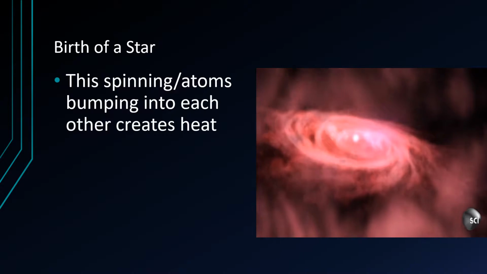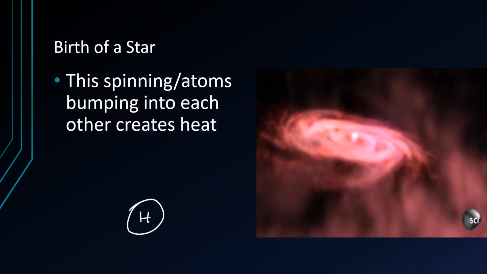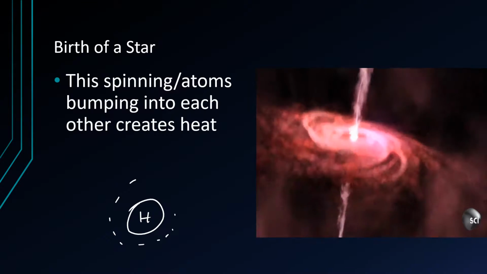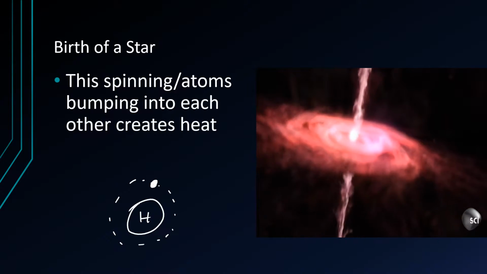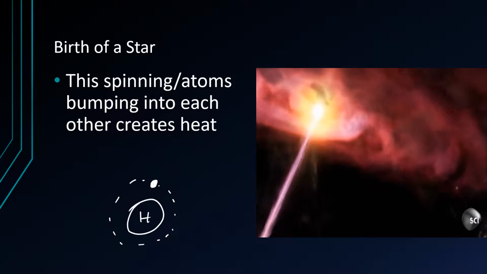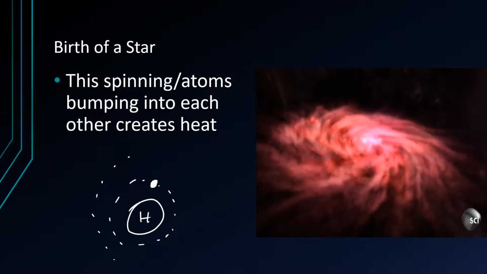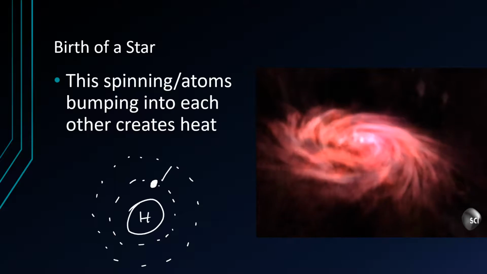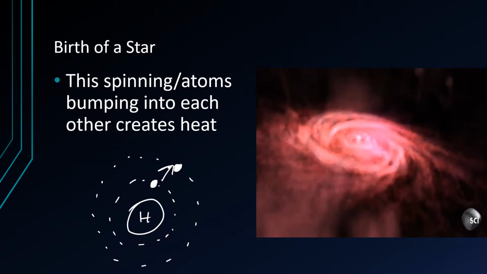So let's imagine that we have a hydrogen atom. Now around that hydrogen atom is a single electron. Since heat is energy, what happens is it supercharges that electron essentially and kicks it out to a higher energy level.